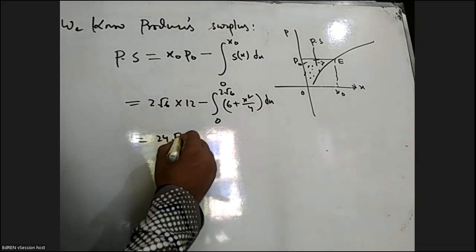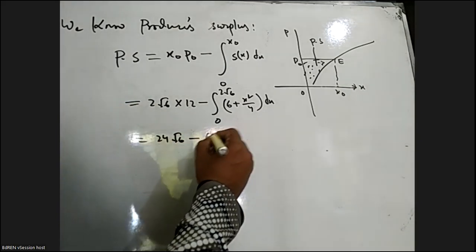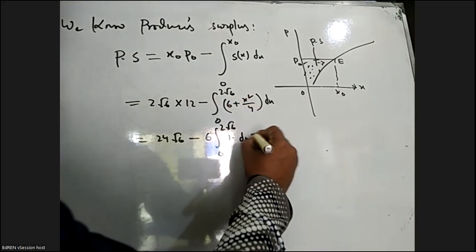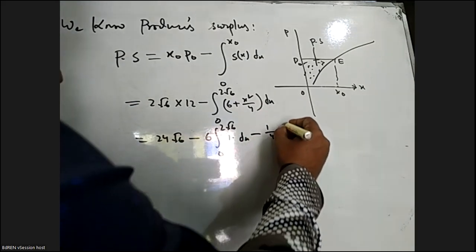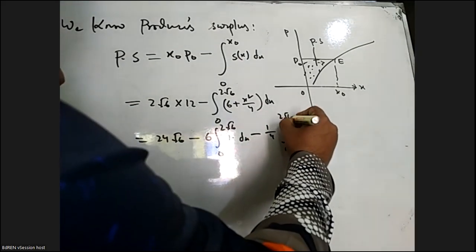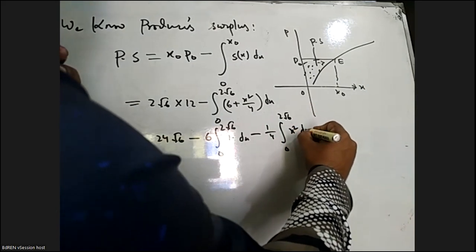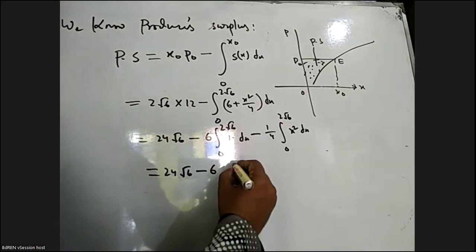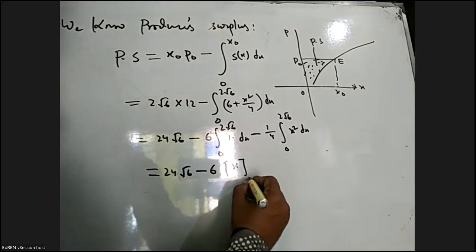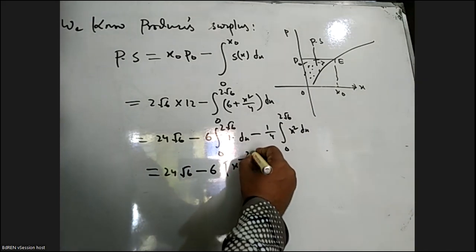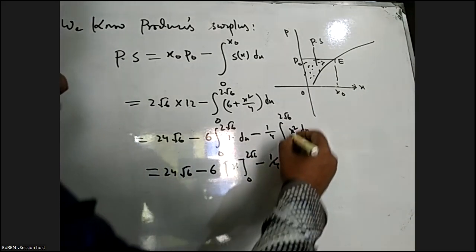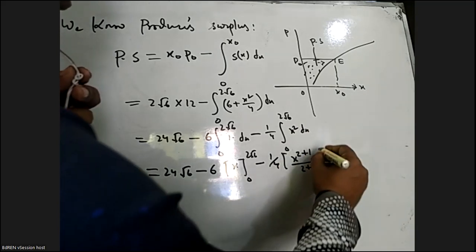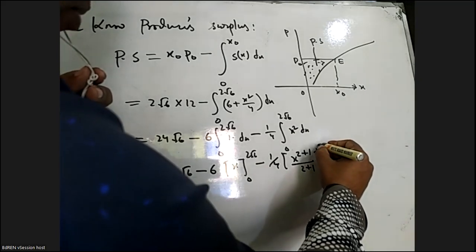So this will be 24 root 6 minus the integral of 6 from 0 to 2 root 6, minus, and 1 by 4 will be constant, the integral of x square dx from 0 to 2 root 6. The integration of 6 is 6x, just putting the upper and lower limit. Minus 1 by 4 times x cube, using the power rule, x to the power 2 plus 1 divided by 2 plus 1.